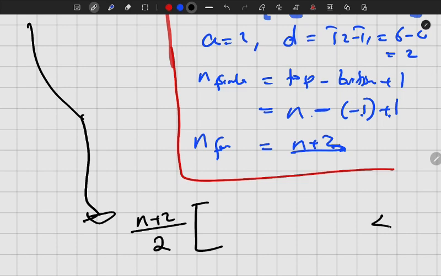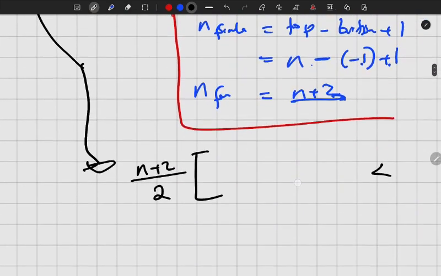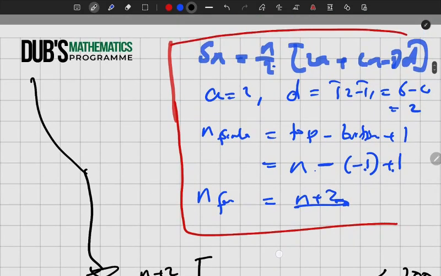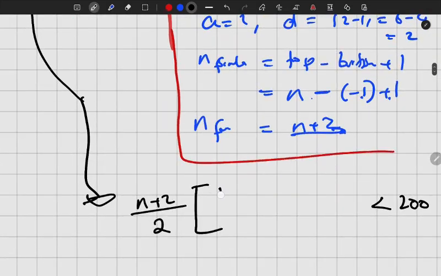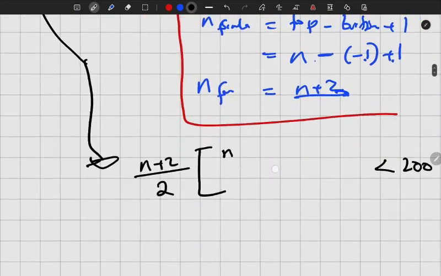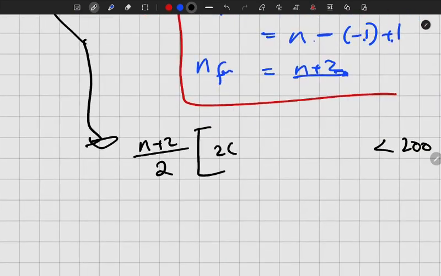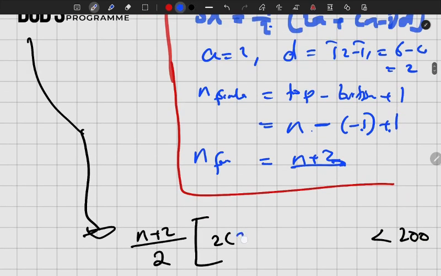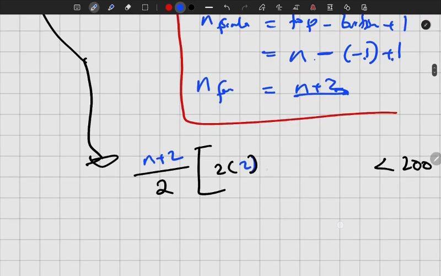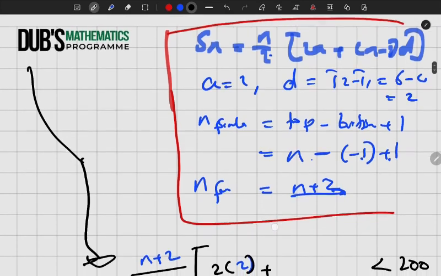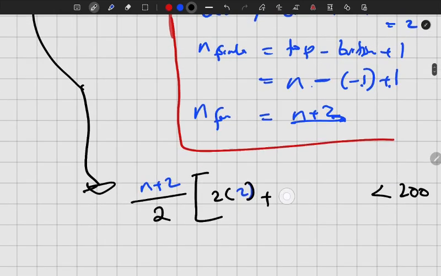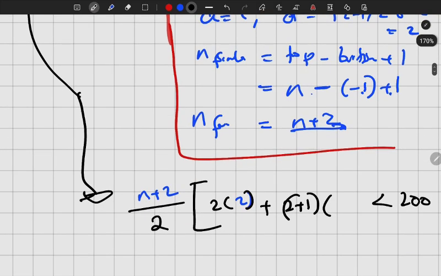The right hand side is less than 200. Again, our a is 2. So n plus 2 over 2, and then we've got 2a plus n minus 1 times d. Our a is 2.